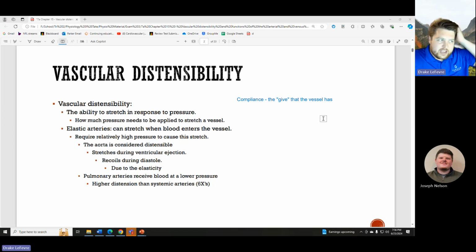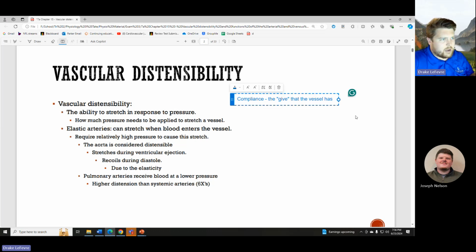All of our vessels have something called compliance, or the give that the blood vessels have. I like to compare this to a water balloon. If you have a brand new water balloon out of the package and you start filling it up with water, it's going to expand nicely to the maximum size that it allows for, right?